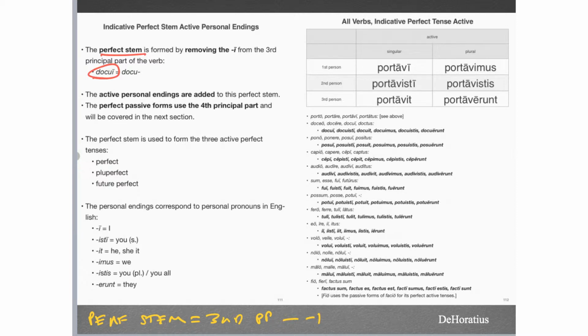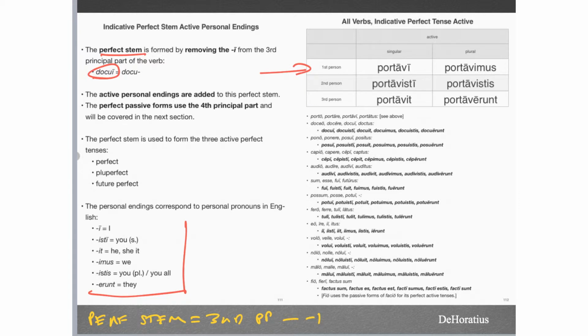You take that perfect stem, third principal part minus that I, and you add whatever endings you need to that. So for the perfect, you have the endings here: I, isti, it, imus, istis, erunt. Most of them use that I, and erunt is the outlier, that third person plural. Over here, you can see a verb conjugated in the perfect tense.